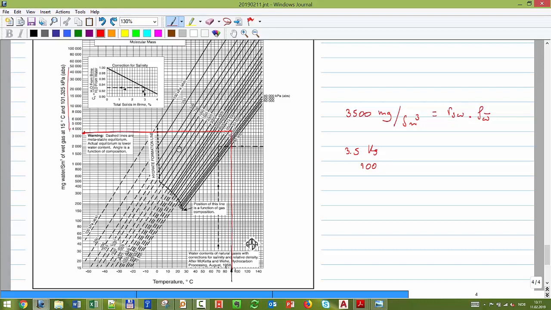Sorry, 1,000 should be here. How do we do it? If we want to take this to kilogram, it will be simply like that, right? And then I say RSW will be equal to 3.5 divided by 1,000.